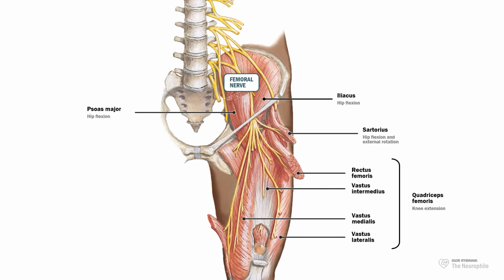Just to drive the point home, why do you need your femoral nerve? Because without it, you'd have a hard time rising from chairs, climbing stairs, or kicking a ball. Basically, anytime you need to straighten your knee or lift your leg with purpose, the femoral nerve is doing the heavy lifting. It's your go-to nerve for moving forward, literally.